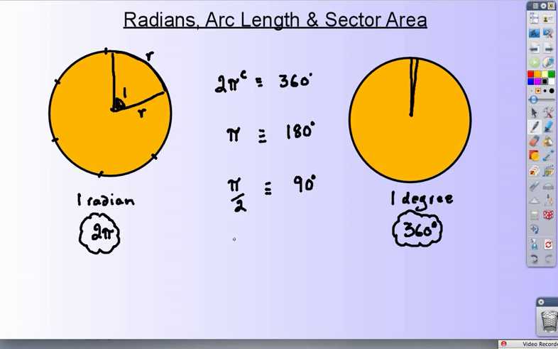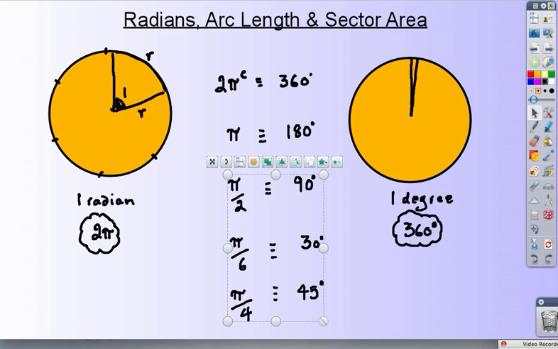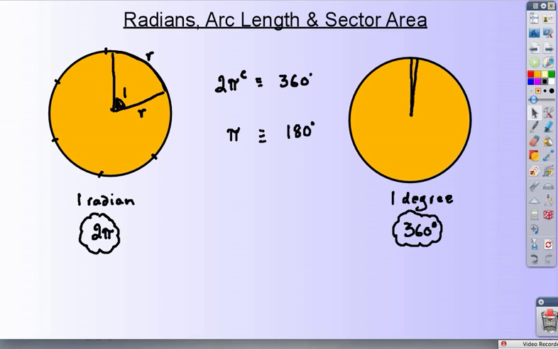If I talked about something like pi by 6 radians, I would be talking about something equivalent to 180 divided by 6, about 30 degrees. If I wanted to talk about 45 degrees, well, I'd be thinking about 180 split into 4. I'd be talking about pi by 4 radians. So we have equivalence between radians and degrees, just a different measure, nothing more.